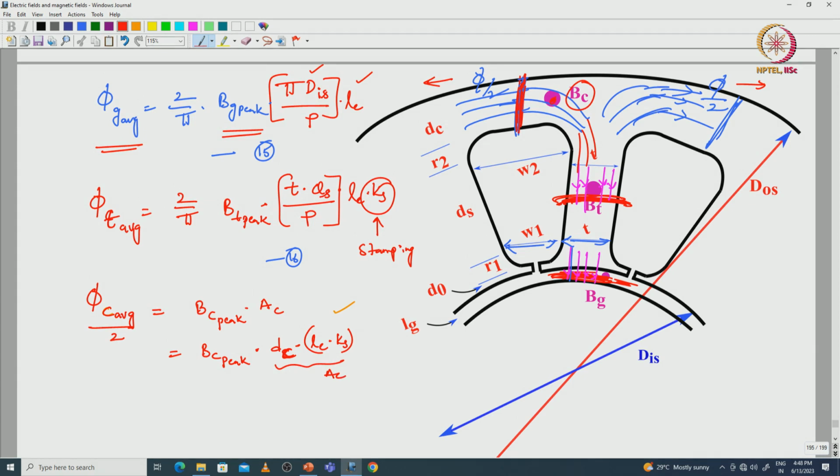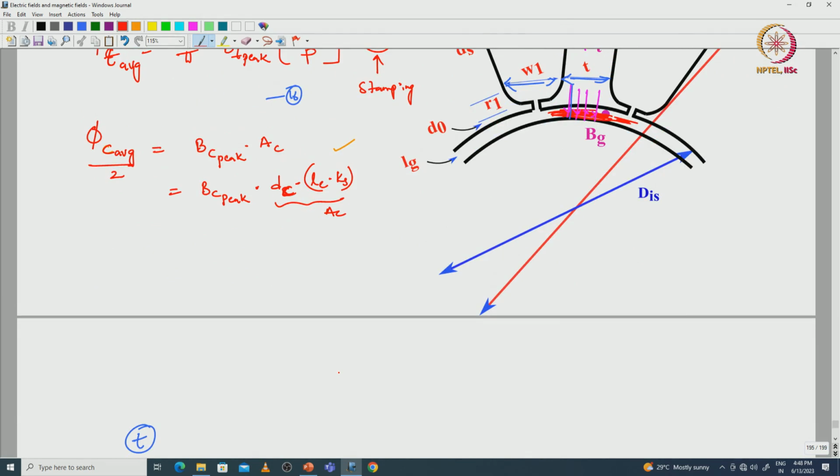From here we can find the Bc peak is equal to phi c average by 2 into 1 divided by Dc into Le into Ks. This is equation number 17. With this we can calculate the flux density peak value at the back iron portion.